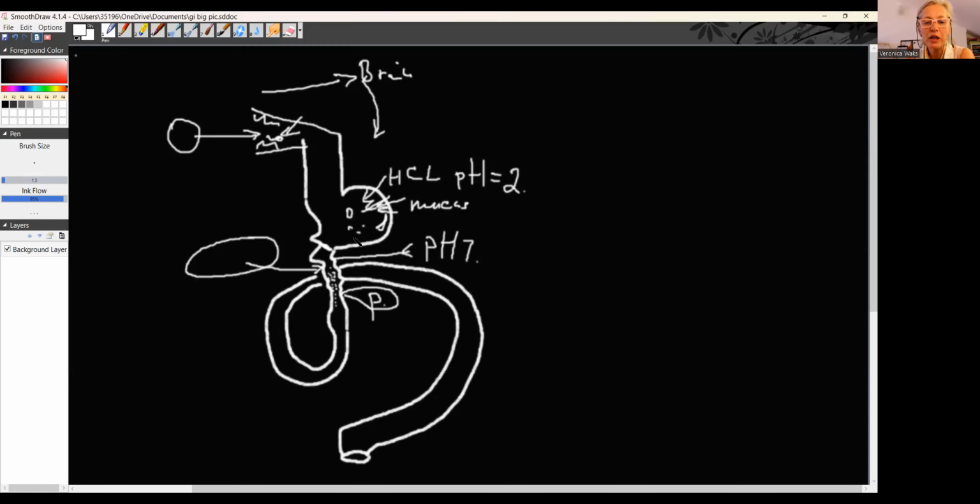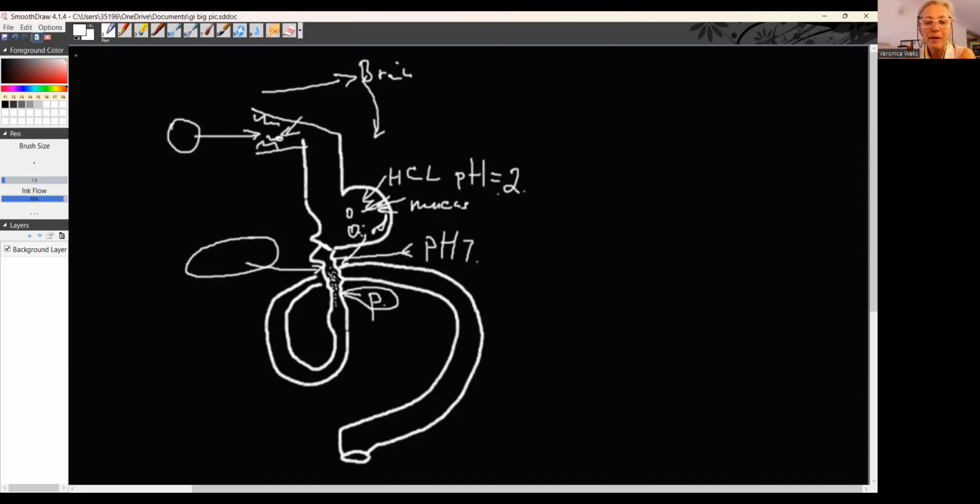So as the food arrives here, we pump more hydrochloric acid to create pH 2, and that sends the signal from the stomach to the small intestine to start to produce more digestive juices from the pancreas and from the liver.